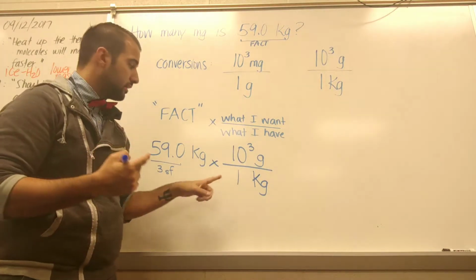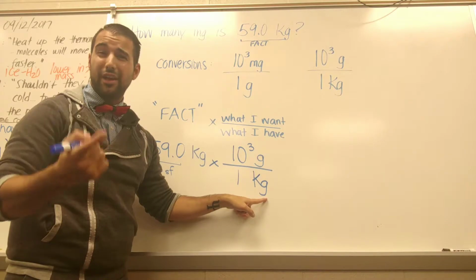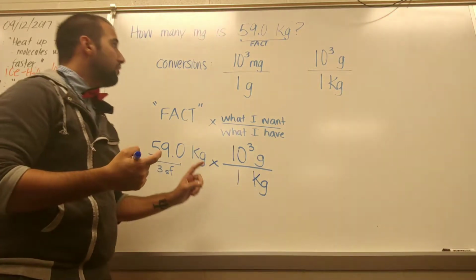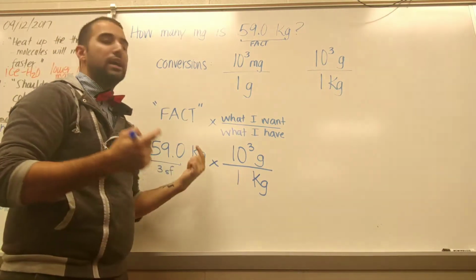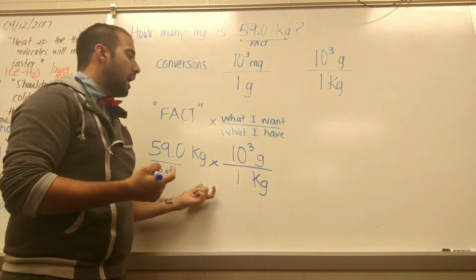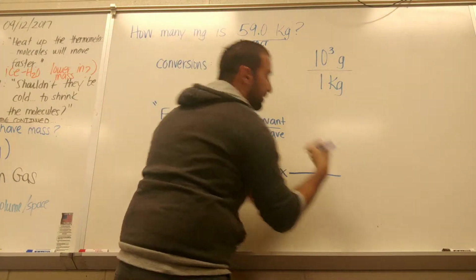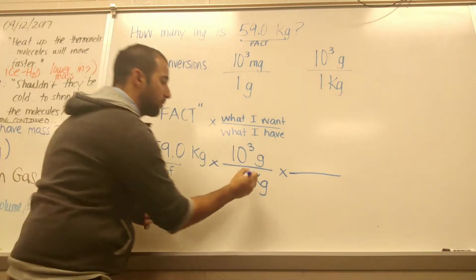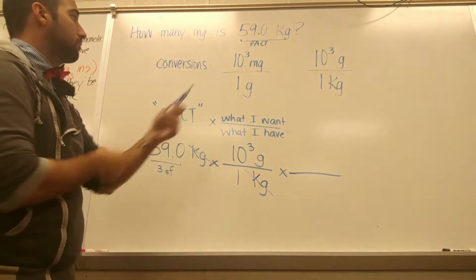Now, with units, I have a kilogram here, and I have a kilogram here. They're going to cancel out. However, what do I want in the end? I want milligrams. In order for me to do that, I'm going to need another conversion factor. This is why I'm doing a second step, because if I'm canceling out right now, I'm left with just grams here, but I want milligrams.